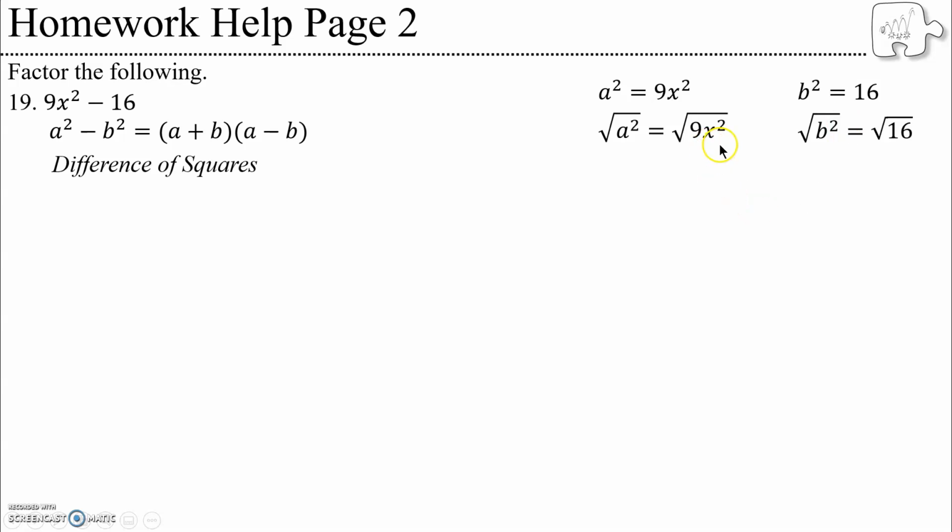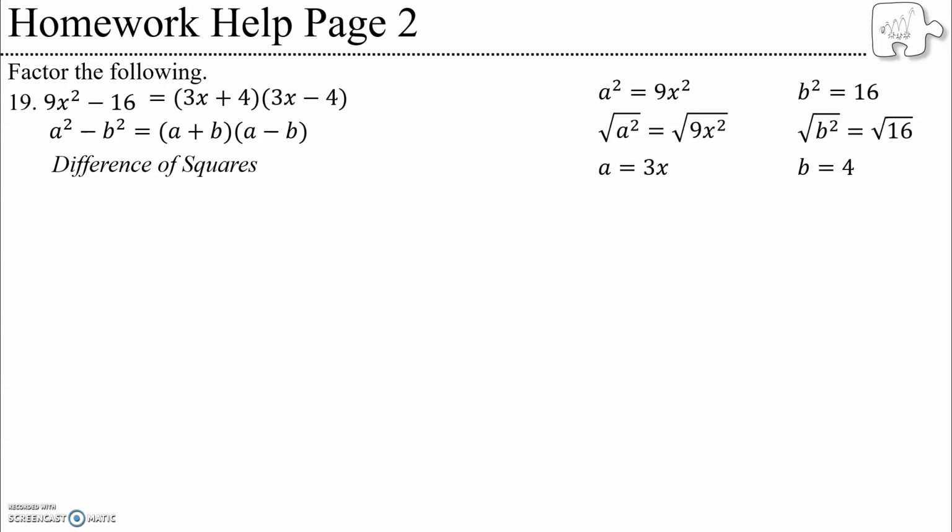The square root of 9x squared is 3x, since the square root of 9 is 3 and the square root of x squared is x, and the square root of 16 is 4. So our answer is going to be 3x plus 4, 3x minus 4, just like what we have here, a plus b, a minus b. Our a is 3x, our b is 4.